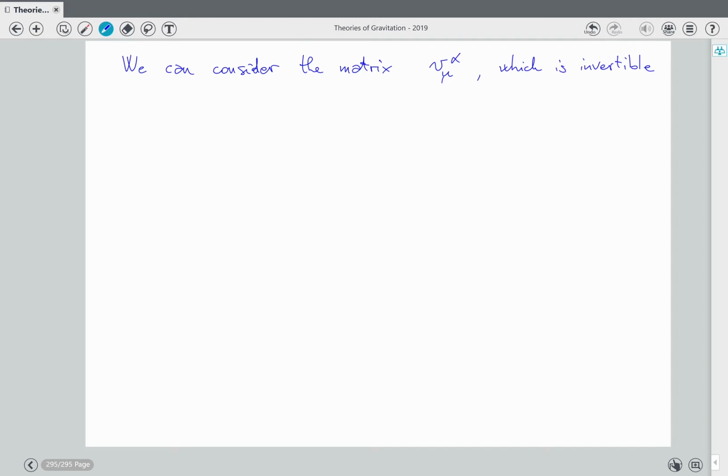Now you can use this matrix to make a change of basis for the metric. So let capital G mu nu denote the matrix V mu V nu, which by this, let's say scalar product, I just mean the metric contracted with the indices of the two vectors.